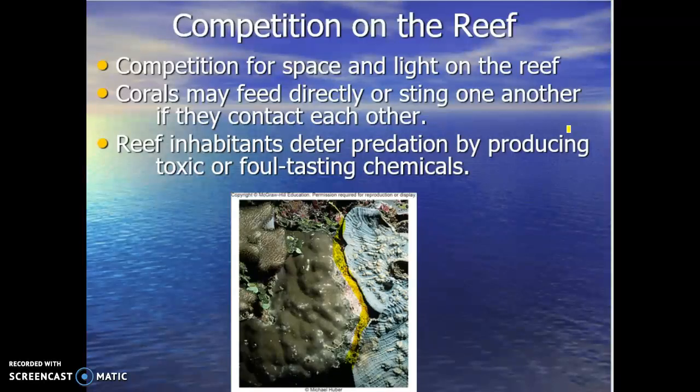Different reef inhabitants deter predation by producing different chemicals, different toxins. We're using those in the medical world and learning how valuable those things are for humans. But there's a lot of competition on the reef, so big feature we want to keep in mind.